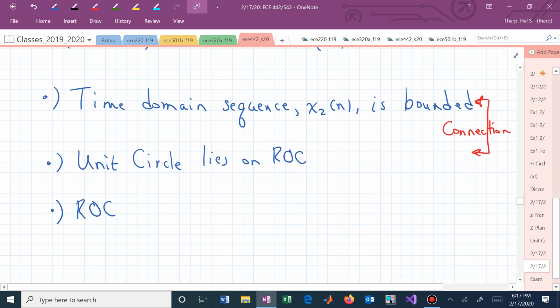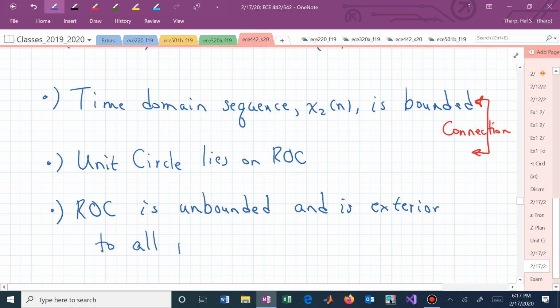Here then our third point, or our third bullet, is the region of convergence is in fact unbounded and is exterior to all poles.